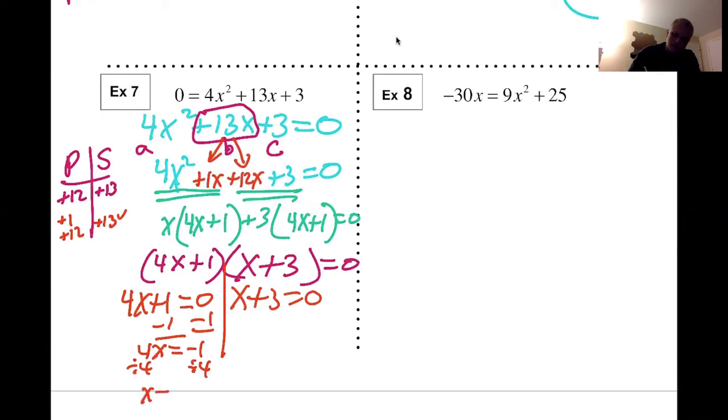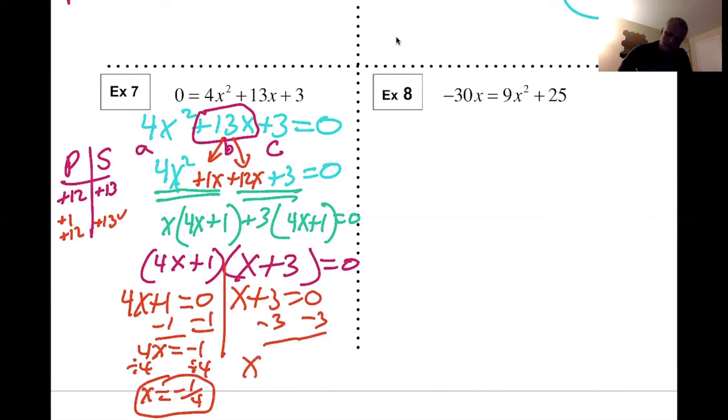So x is negative 1 over 4, and I can just leave it as that. If you want to put negative 0.25, it's a good answer. Okay, but negative 1/4 works, and it's correct, right? So here I've got x equals negative 3. So my two solutions, for example 7, are x equals negative 1/4 or x equals negative 3.